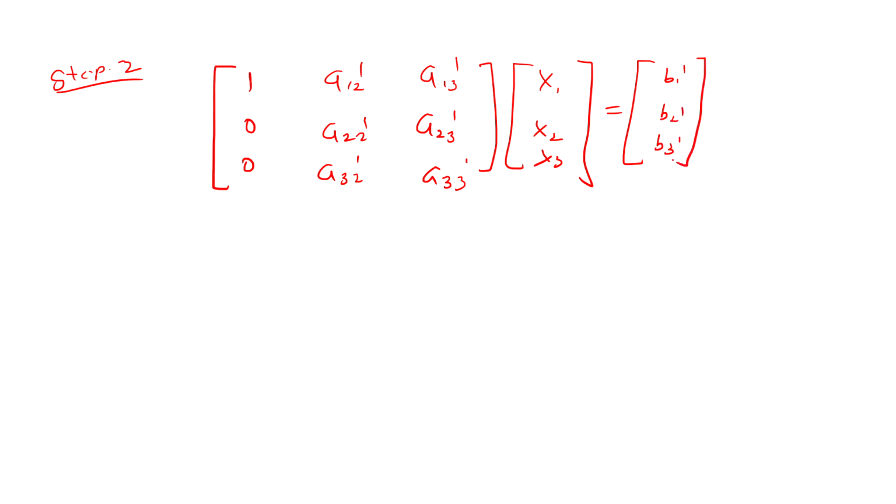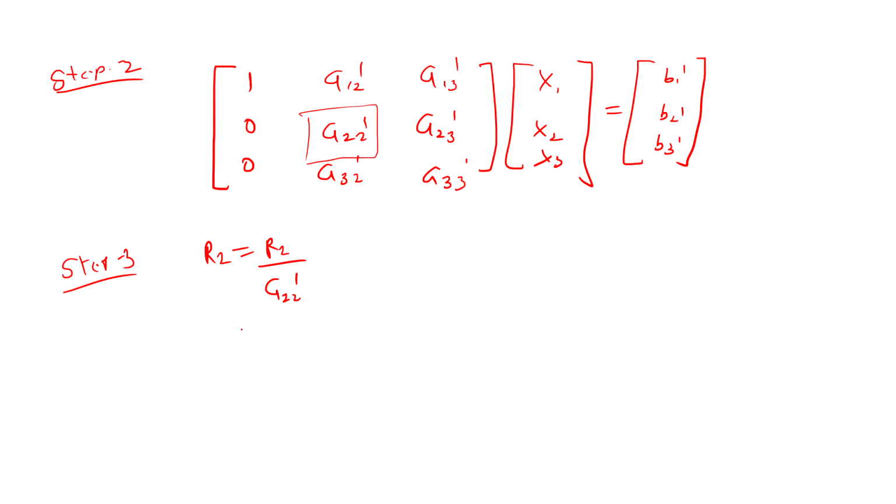So this is what we will get from step 2. Now this element we will try to make the pivot, but not like this. We will make this 1. So step 3 will be R2 = R2 divided by A22 prime. So that is my step 3.